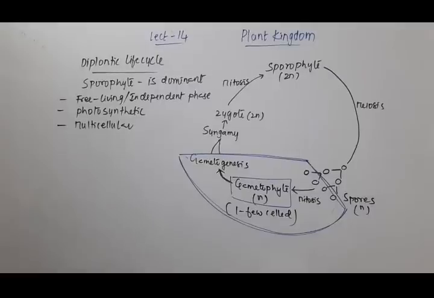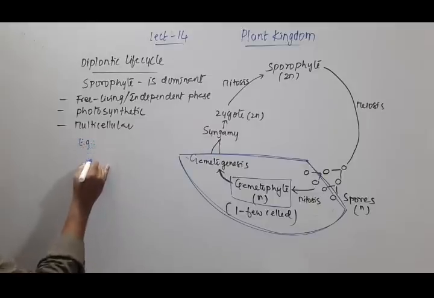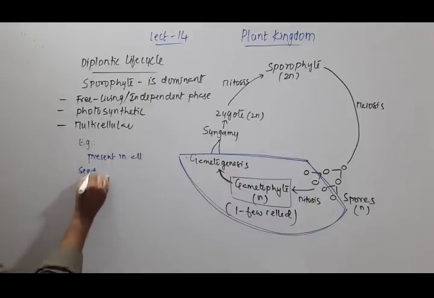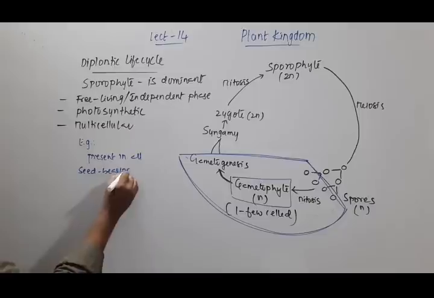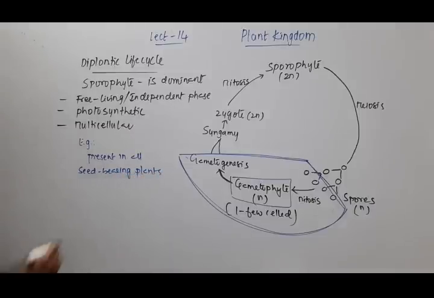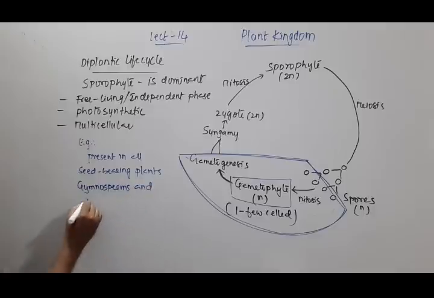And this type of life cycle, the diplontic life cycle, is present in all seed bearing plants, that is gymnosperms and angiosperms.